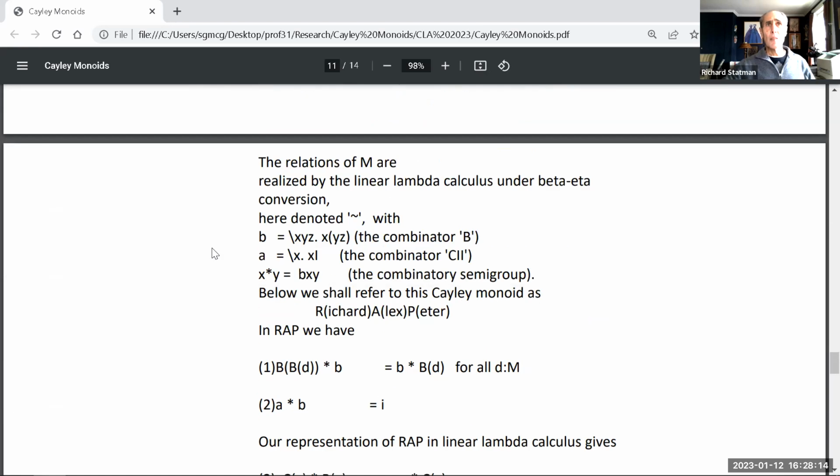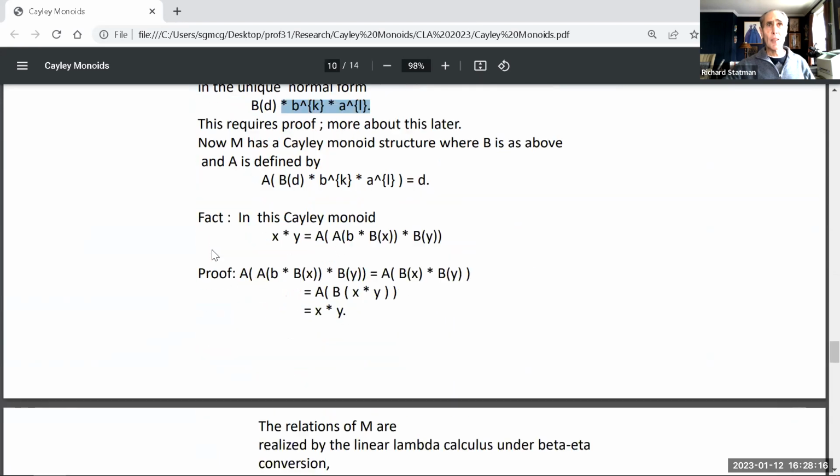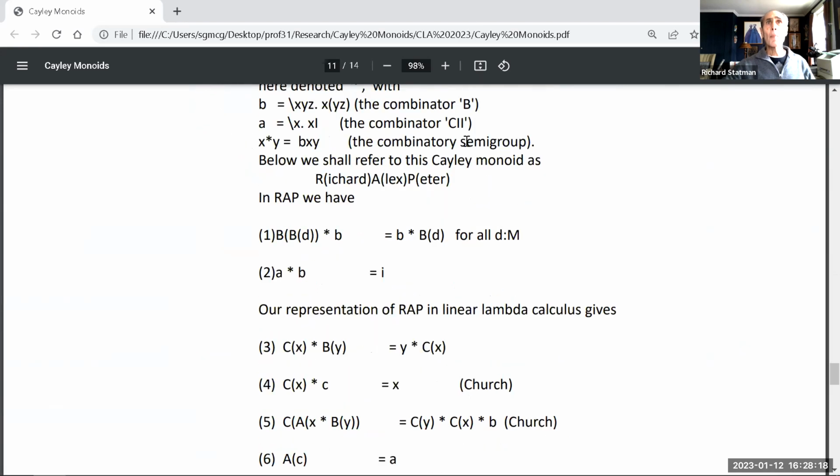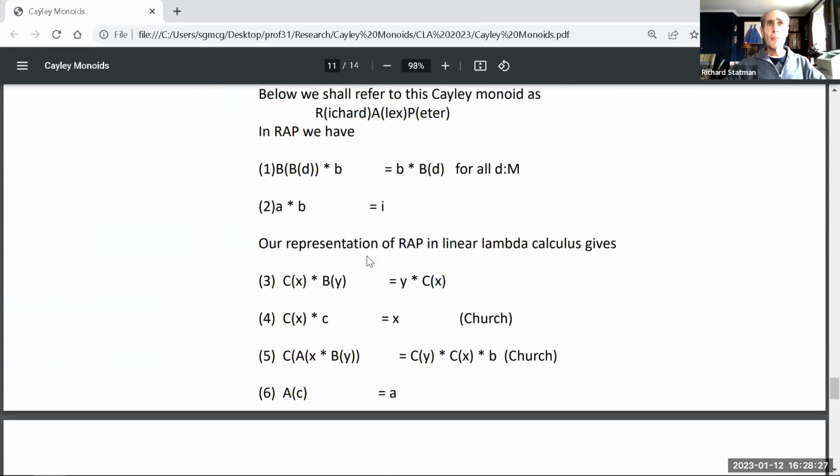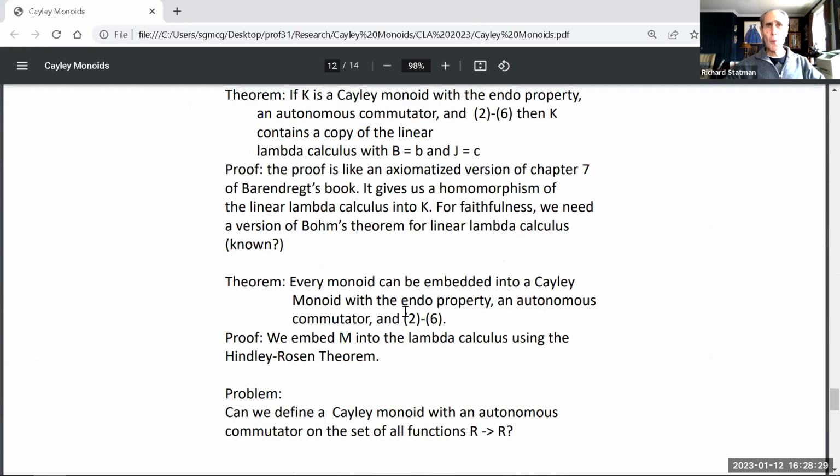Did I define that in here? J is in fact C applied to I. It's lambda x y y x. I'm sorry that wasn't defined here. That came from a previous version of these slides.